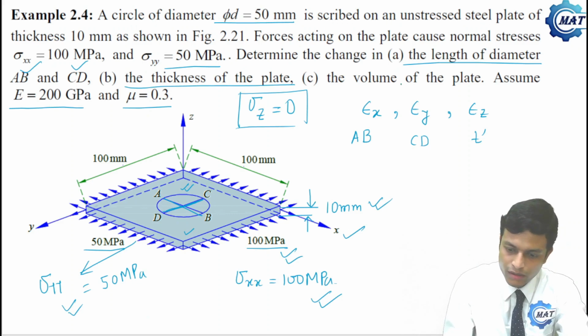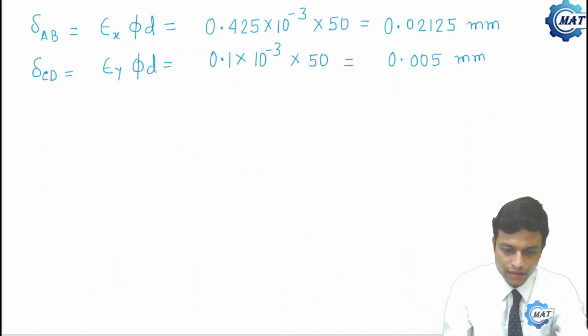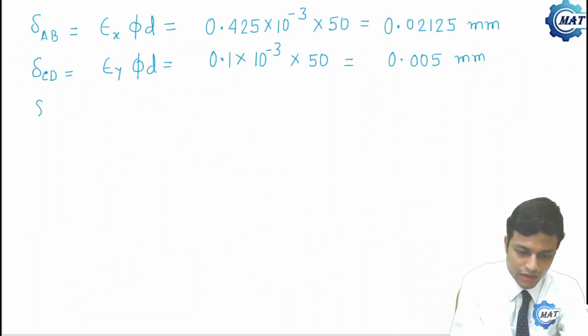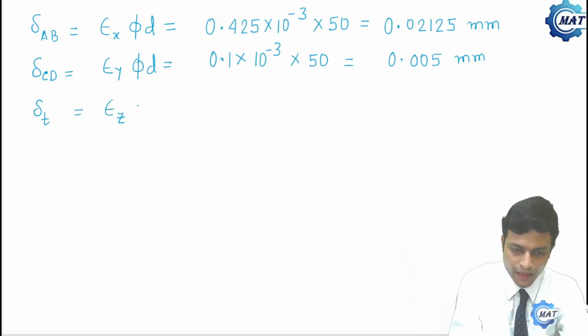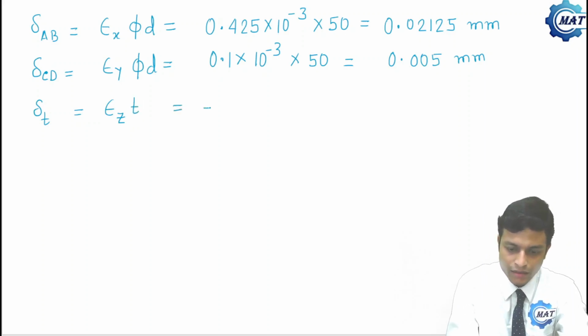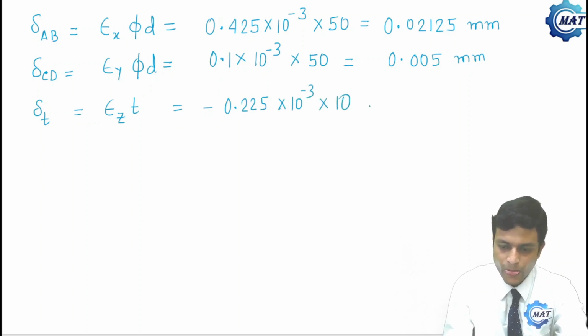Now the change in thickness. What is the change in thickness? T was the thickness, so the change in thickness, say delta T, is epsilon z, since thickness is along z direction, into T. Epsilon z is minus 0.225 into 10 to the power minus 3, and thickness was 10 mm, so that is minus 0.00225 mm.